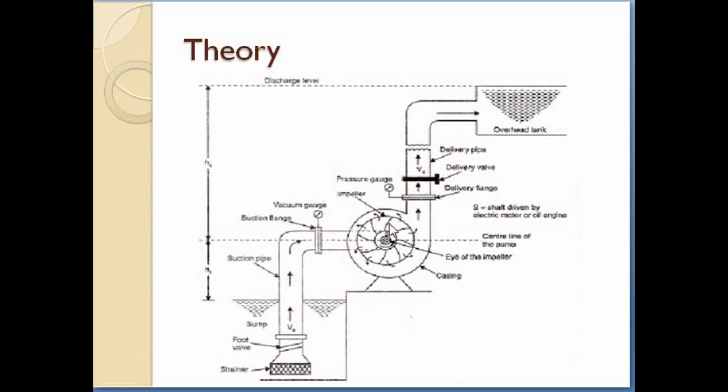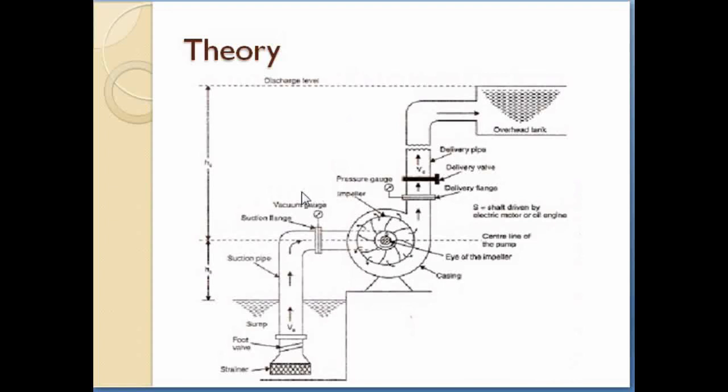When the pump is switched on, the motor starts running, and because of that the impeller also starts running, and the water or any fluid which is present at the center will be thrown out radially towards the casing due to the centrifugal force acted by the blades on the fluid.